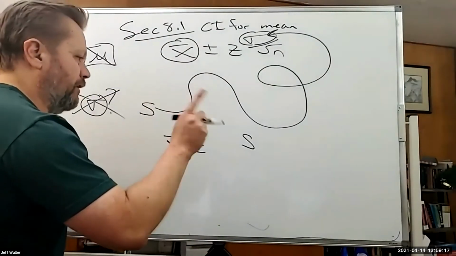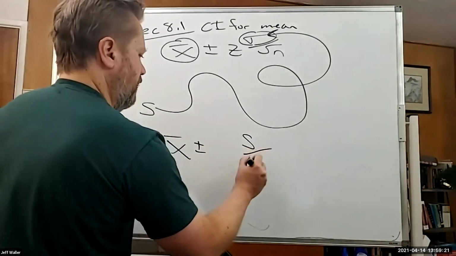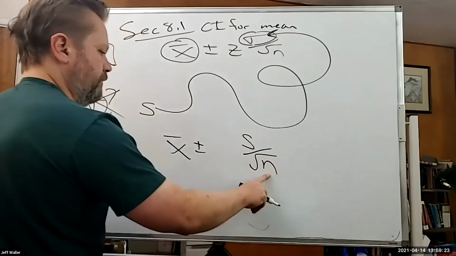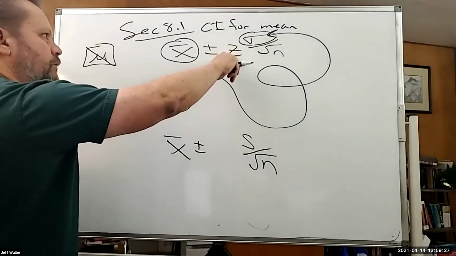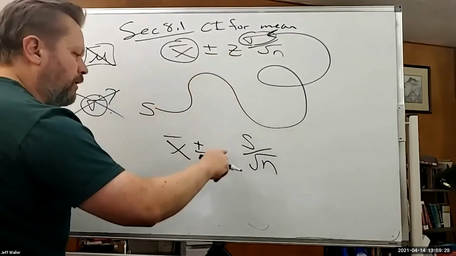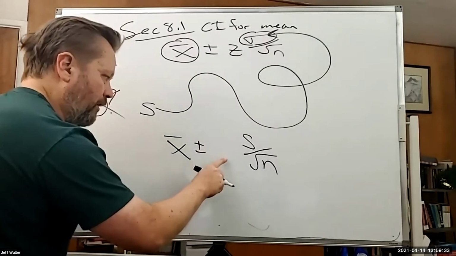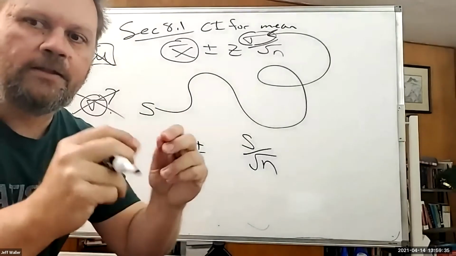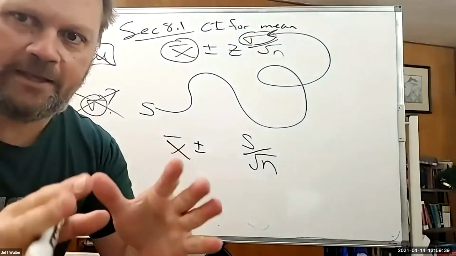So the really freaky thing is I can't do anything with N. That's just the sample size. But instead of using a Z-score, I'm going to use a score that's always a little bigger than the Z-score would have been. Let me say that again.